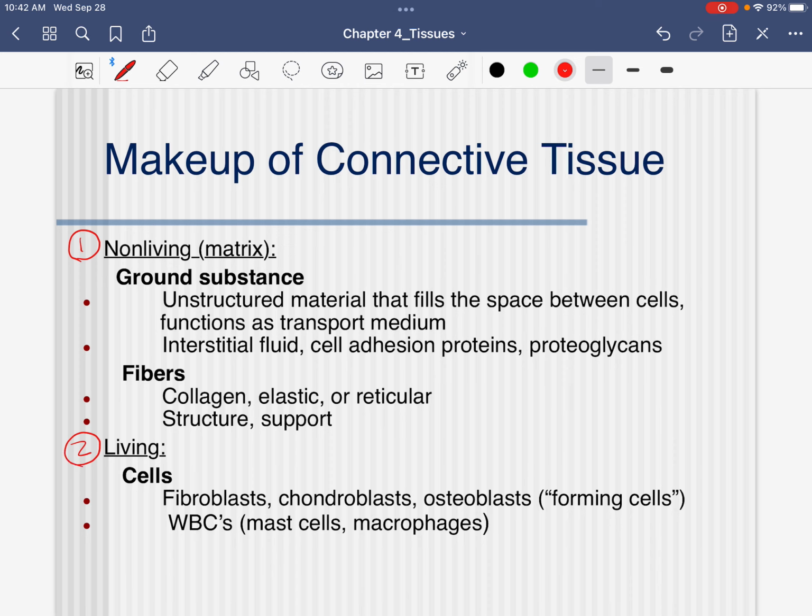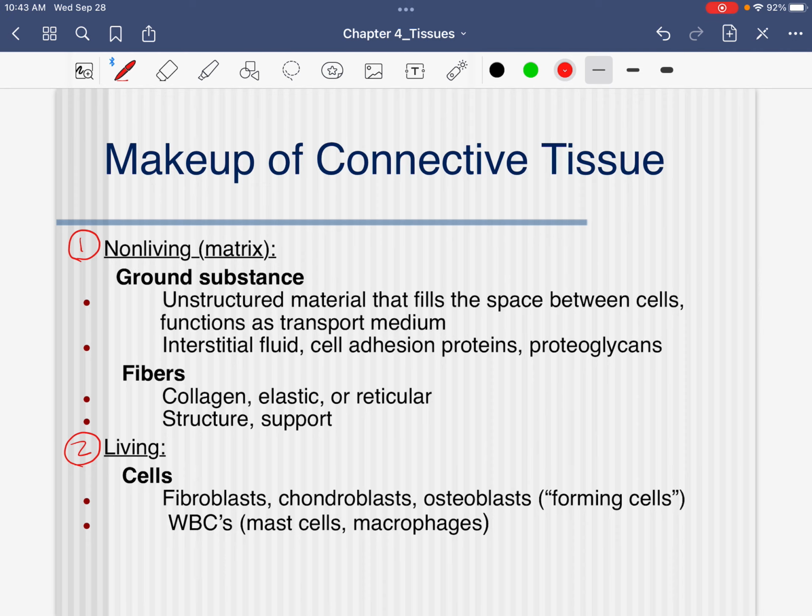I think sometimes people tend to overthink this, and we're kind of being simple, right? Every connective tissue is going to have some amount of non-living material, non-living stuff, like fibers or filler. And every connective tissue will have some amount of living stuff. It'll vary in how much of each, but every connective tissue has some of both.